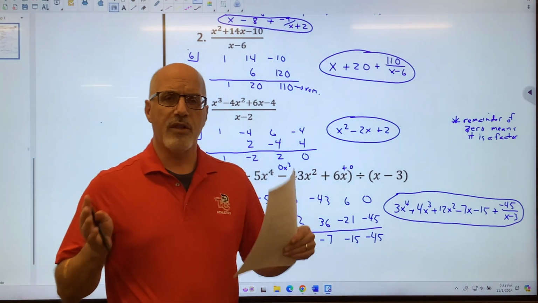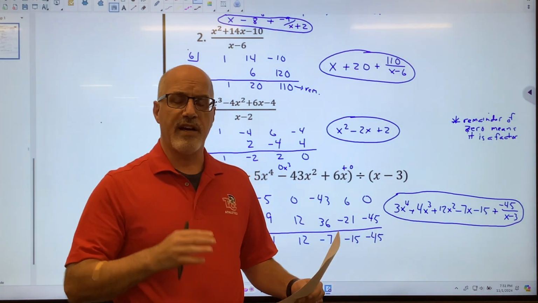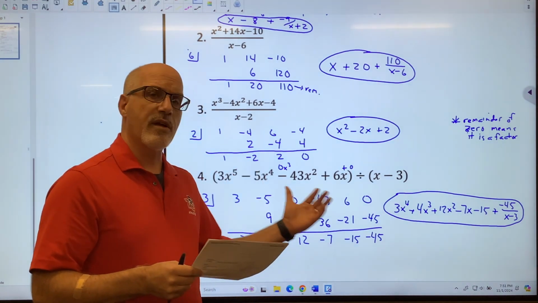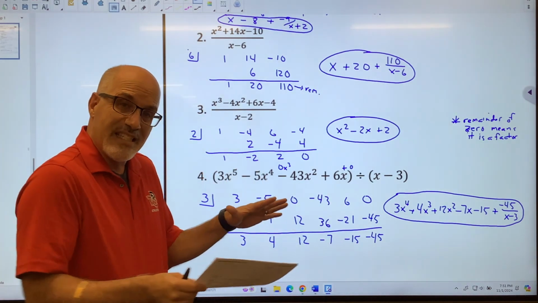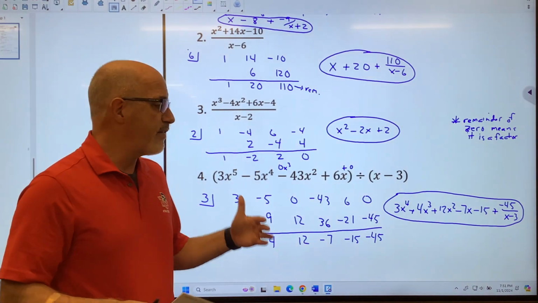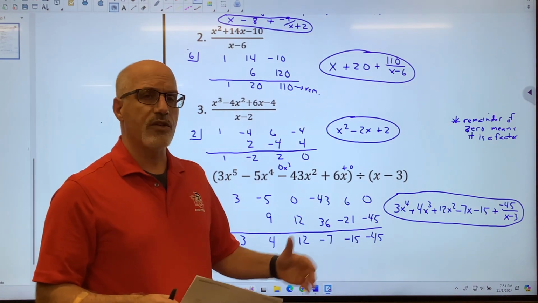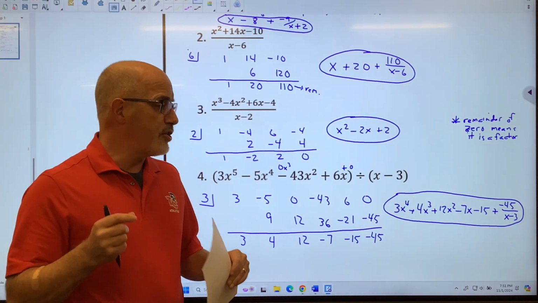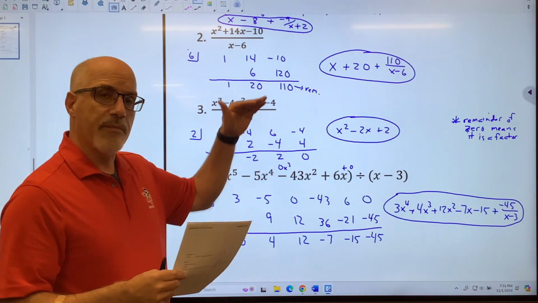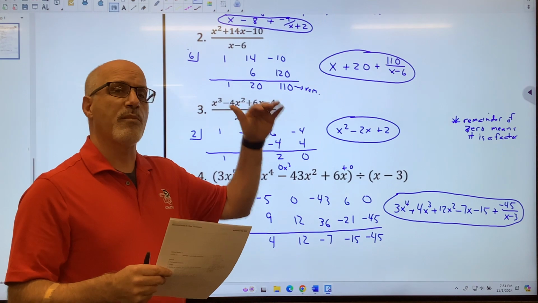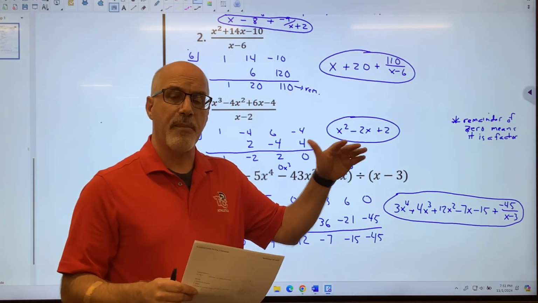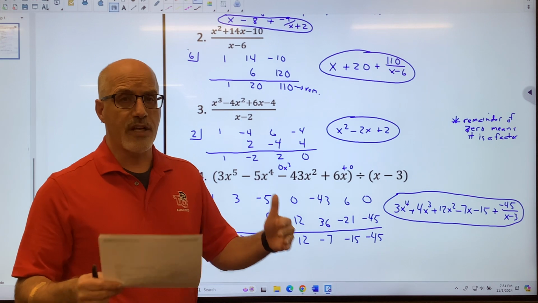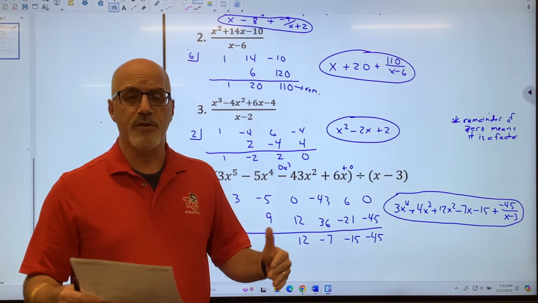So polynomial long division is a valid way to divide polynomials, but synthetic division, by stripping away the variables and just condensing the work, can be a very efficient and fast way to do these polynomial division problems. You just have to remember that we have a procedure for the setup. So the more you practice the setup, the better you'll get at following that procedure, and then you'll get your final answer to the division problems.